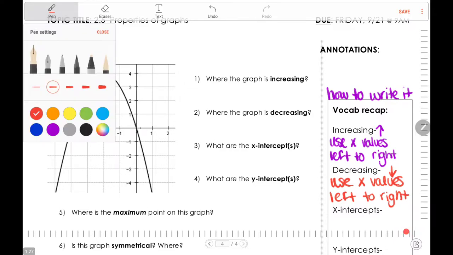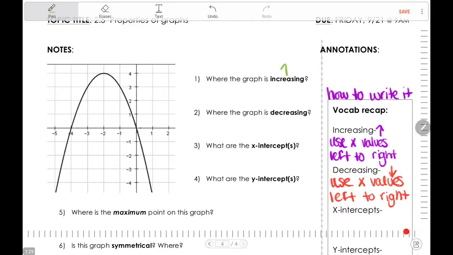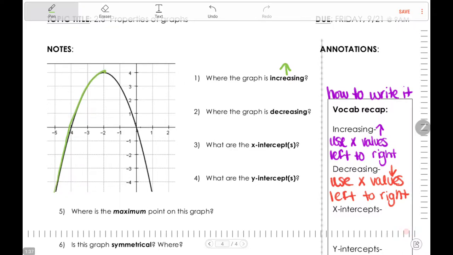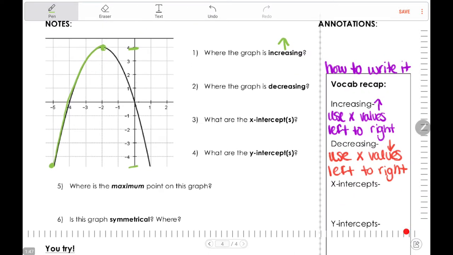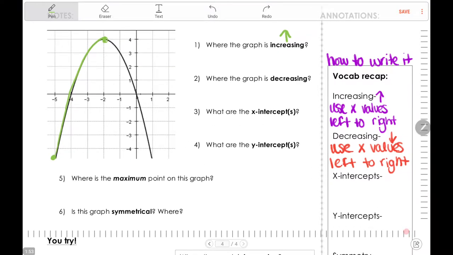So where's the graph increasing? So where is the graph going up? Right? And I'm going to highlight that. The graph is going up from here to here. Now, I can't use the y values to describe that because when I look at this y value or this range, it's not only just increasing during there. So when we're using that to describe it, we're starting at our x values.